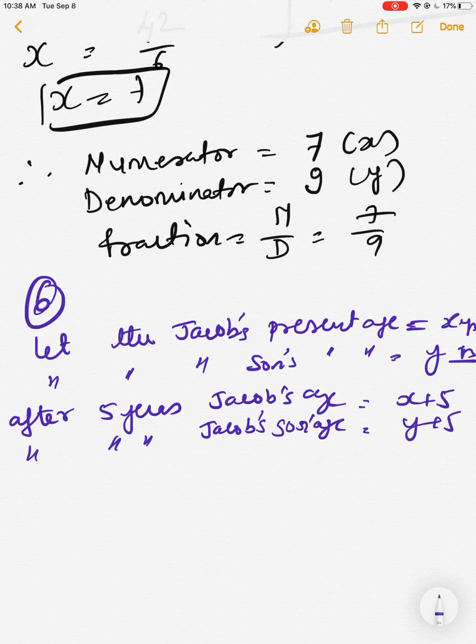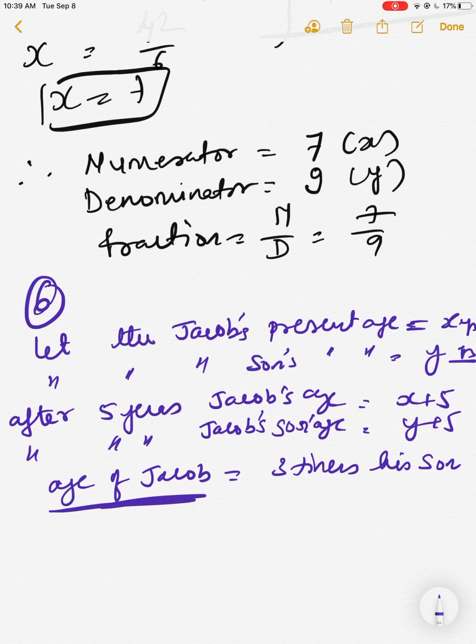So what is the relation here? After 5 years, the age of Jacob will be 3 times his son's age.